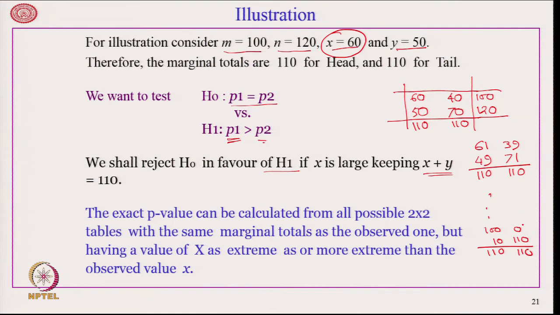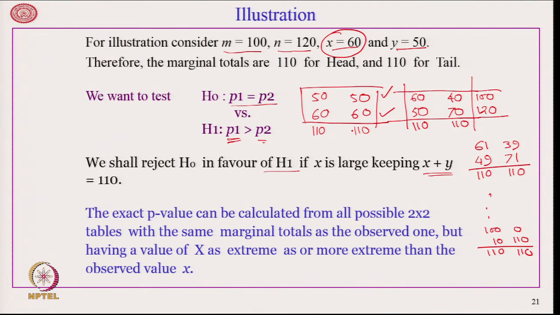So, this is extreme, this could have been one possibility. Of course, some other possibility could have been that there are only 50 heads and 50 tails for the first one and 60 heads and 60 tails for the second one. As you can understand, there can be many possible ways we could exchange the x and y observations under the constraint that this row total is 100, this row total is 120, this column total is 110 and this column total is also 110.